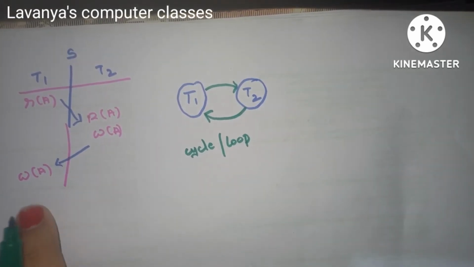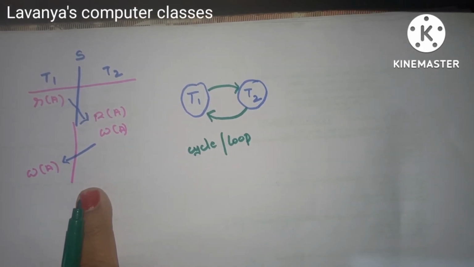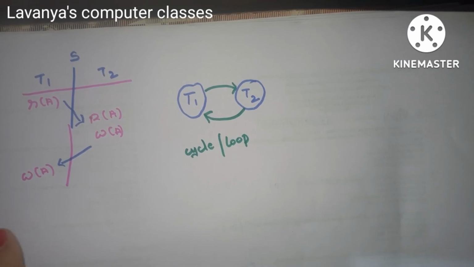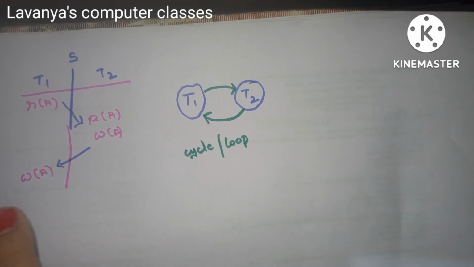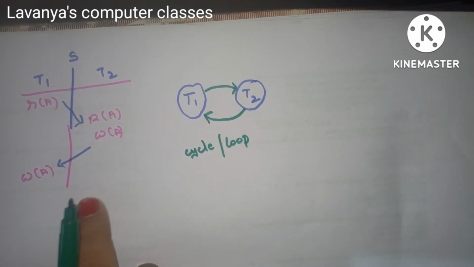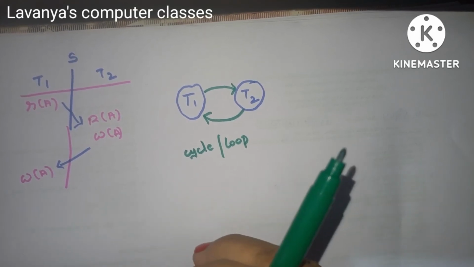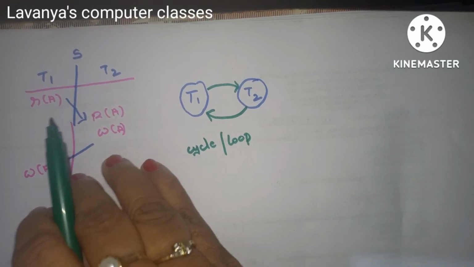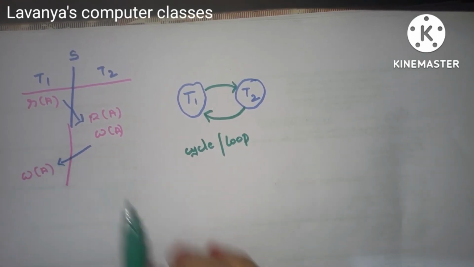Now we find out whether this parallel or non-serial schedule is equivalent to a serial schedule. That is called serializability. In simple words, if any parallel schedule can be converted into a serial schedule, that is explained by serializability.